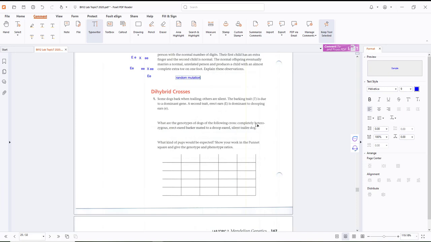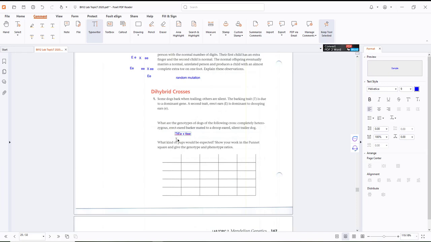We have a completely heterozygous erect ear barker, so big T, big E, little e, mated with a droop-eared silent trailer, so little t, little e. Okay, so what kind of pups would you expect?